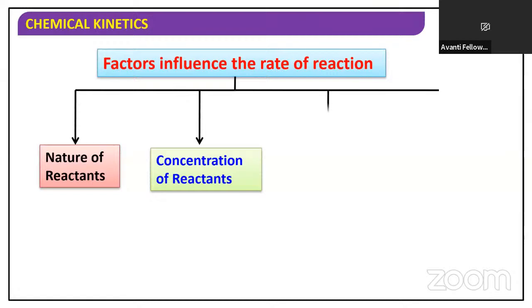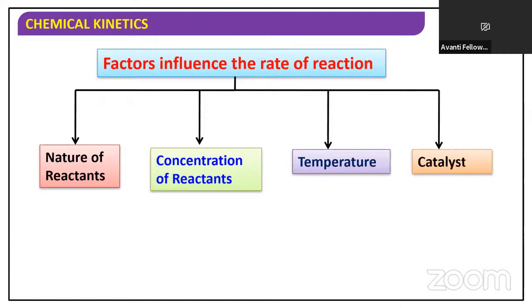The third is temperature, which also affects the rate of reaction. And the last but not the least is the catalyst. So these four factors influence the rate of reaction: nature of the reactant, concentration of the reactant, temperature and the catalyst.